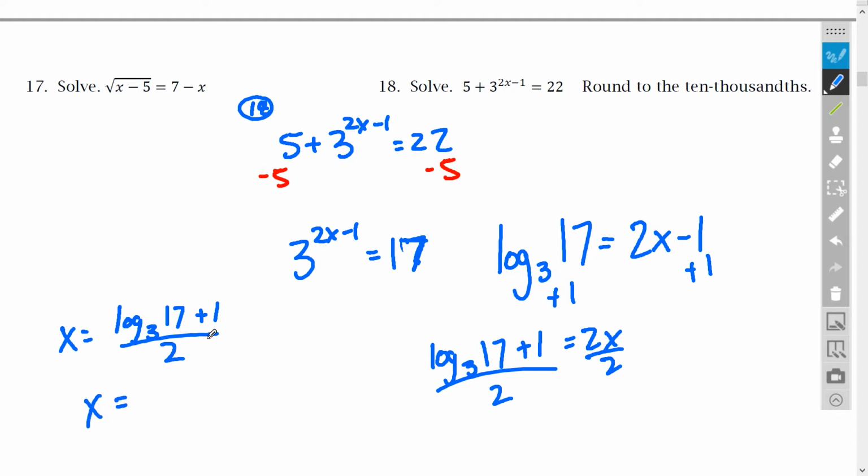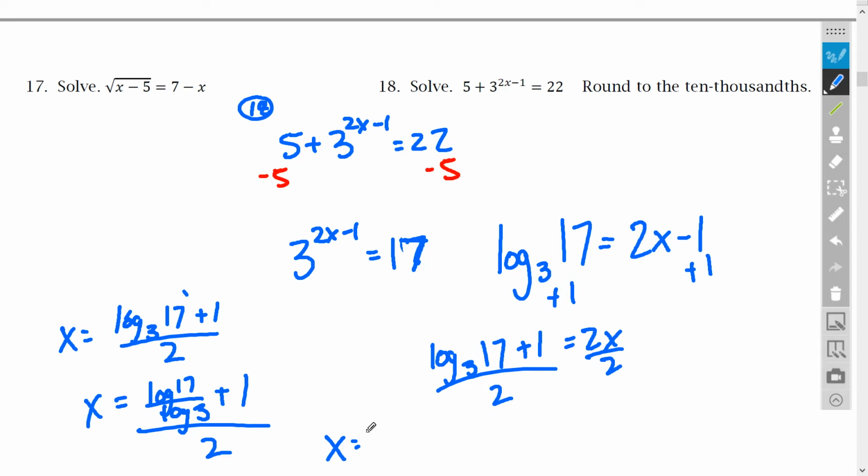Okay, so I will have to use the change of base formula to calculate the log base 3 of 17. So that's log of 17 over log of 3, and then I'll add 1 to that, and then I'll divide by 2. So let me see what that will be. Sorry, let me clear my calculator.